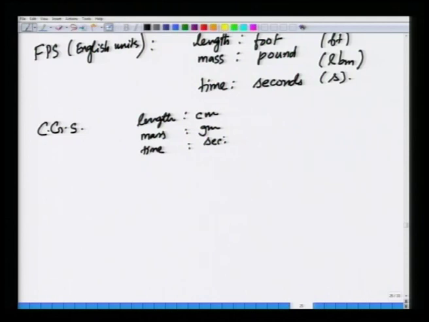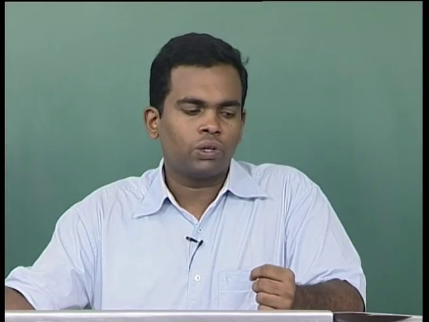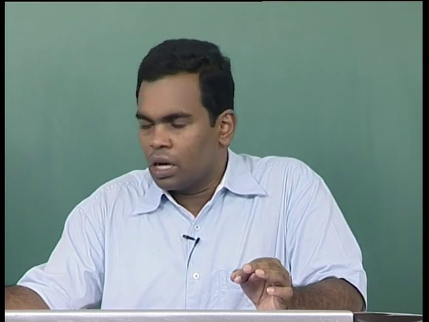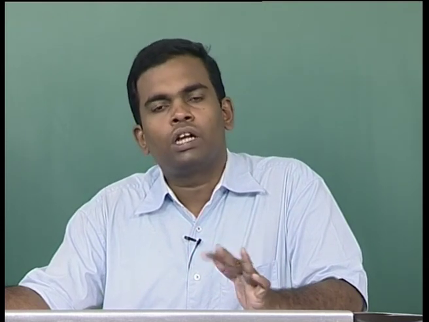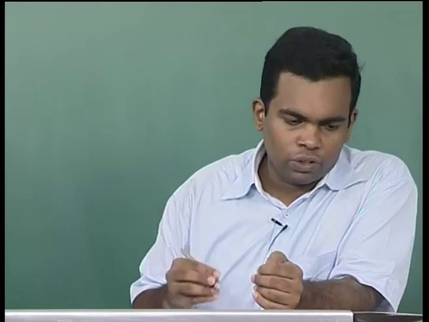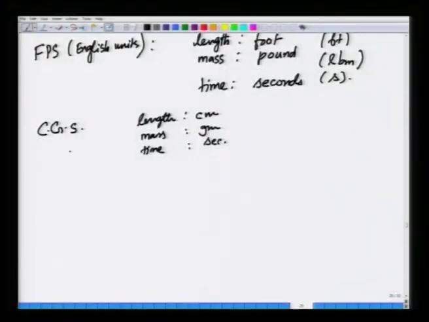So, if you look at various textbooks or some other tables, they will tell you how to convert from one system of units to others. Although in this course we will follow only the SI units, it is sometimes useful if you read literature or textbooks where they follow some other units, you should be able to convert those units to the SI units. So, I am just giving you some examples of conversion.